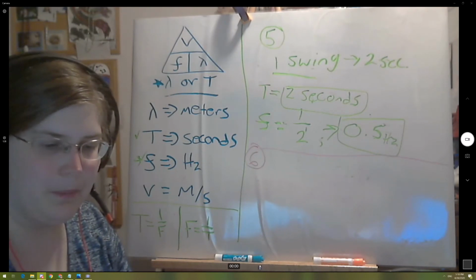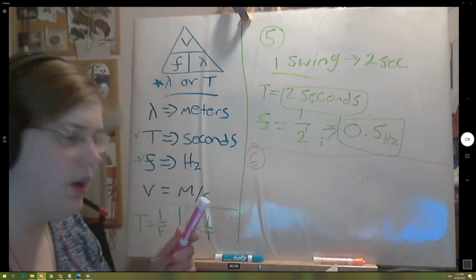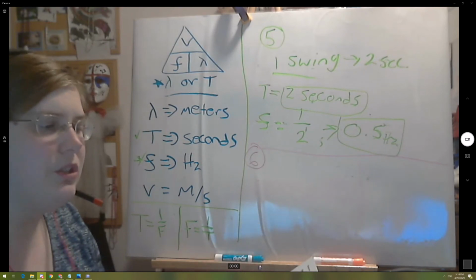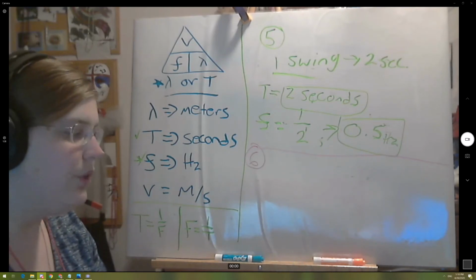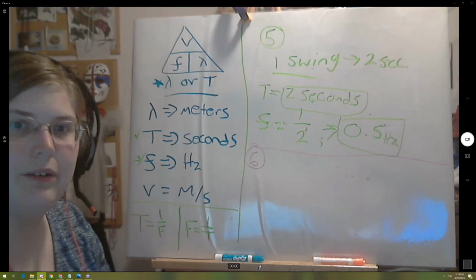Okay, so first off, remember, think about what each of them is. A period is the time it takes to move through one single cycle, whereas a frequency is how many cycles go by in 1 second.